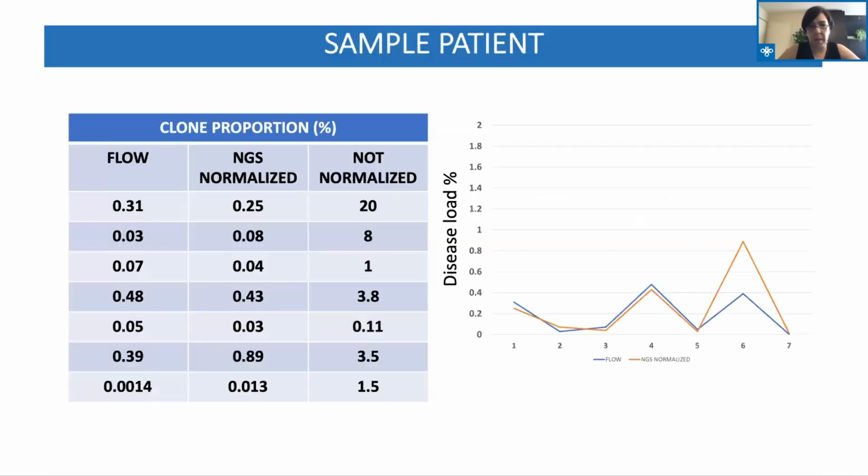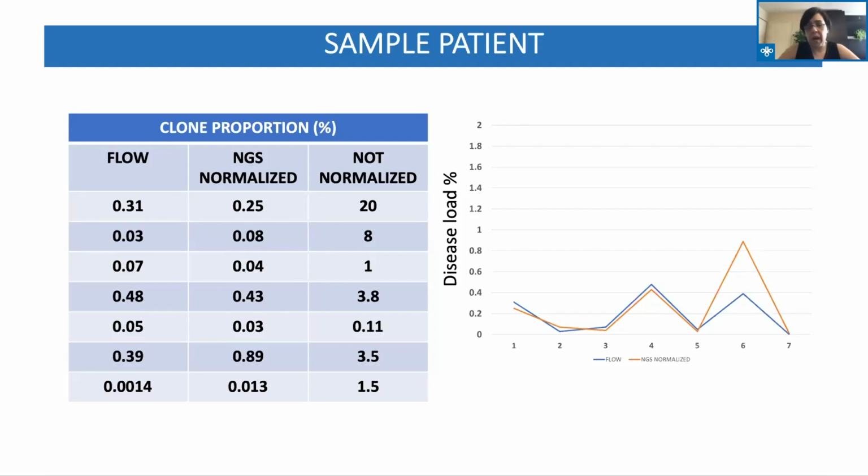For this specific patient, for example, if you tracked all of the time points that we have been looking at, you can actually see that the correlation between disease load by flow cytometry and by our normalized number is pretty similar, but it can actually be all over the place again, depending on the disease.